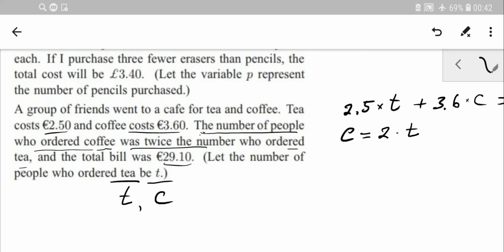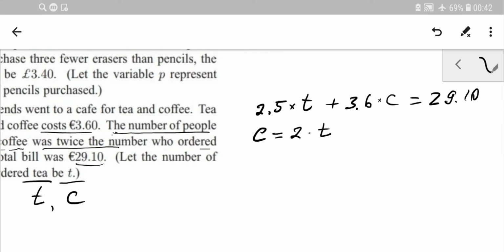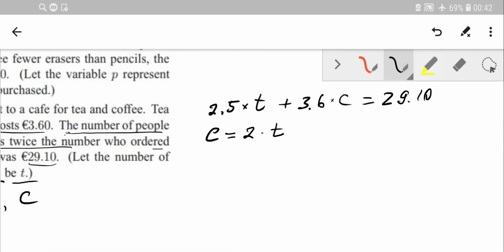So we connect that, and instead of C, we straight away put in 2T. Actually, you can do it in one single step. Instead of writing C, you can simply put double T if you like. But for not making any mistake, you just need to solve a simultaneous equation.